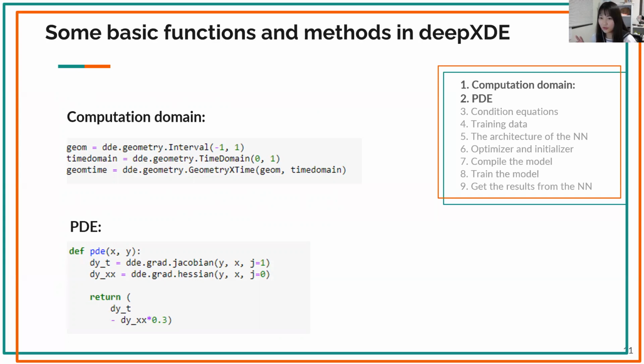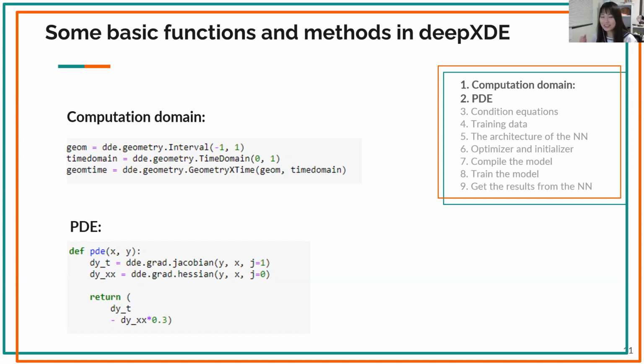We can use the Interval function, and you just need to input the minimum and maximum of your x-axis. For the time domain, we can use dde.geometry.TimeDomain(0, 1), because I would like to have results from t equals 0 to t equals 1.